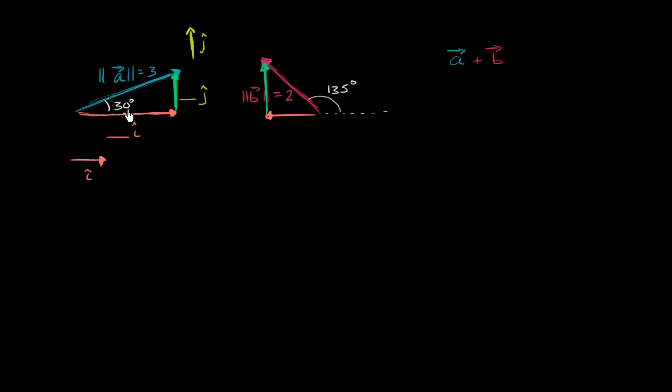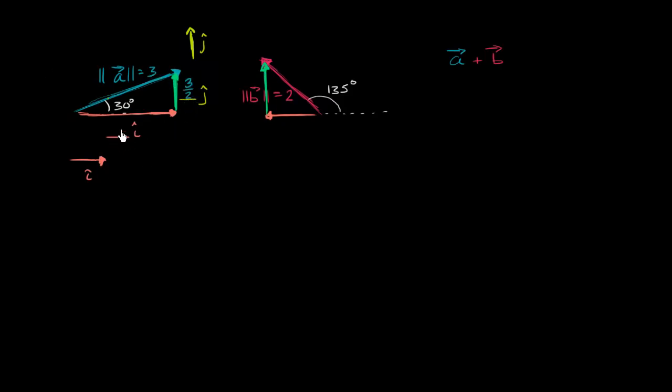This one might jump out at you immediately as a 30, 60, 90 triangle. So if this is a 30, 60, 90 triangle, then this side right over here is going to be half the length of the hypotenuse. So this is going to be half of 3, so it's 3 over 2.